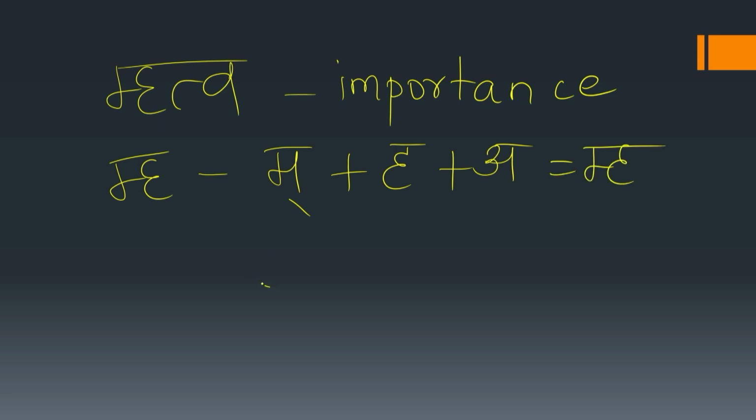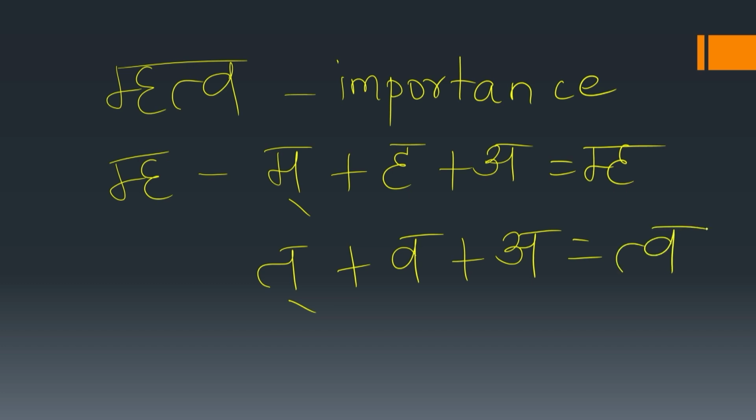And half Ta plus Va plus A gives us Twa. So the symbol below the letter is called Halant. We shall see this in detail. Two consonants, Ma and Ha, added together gives us conjunct Ma. Ta consonant and Va consonant clubbed together gives us conjunct Twa, Mahatva.